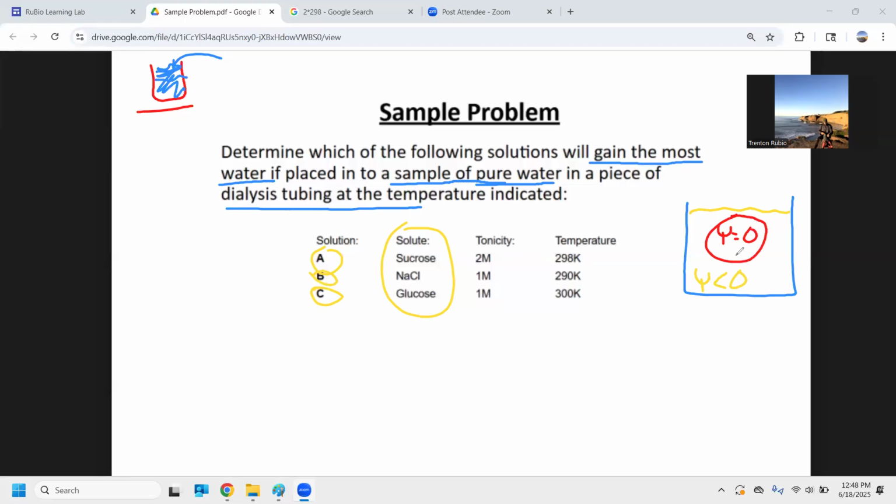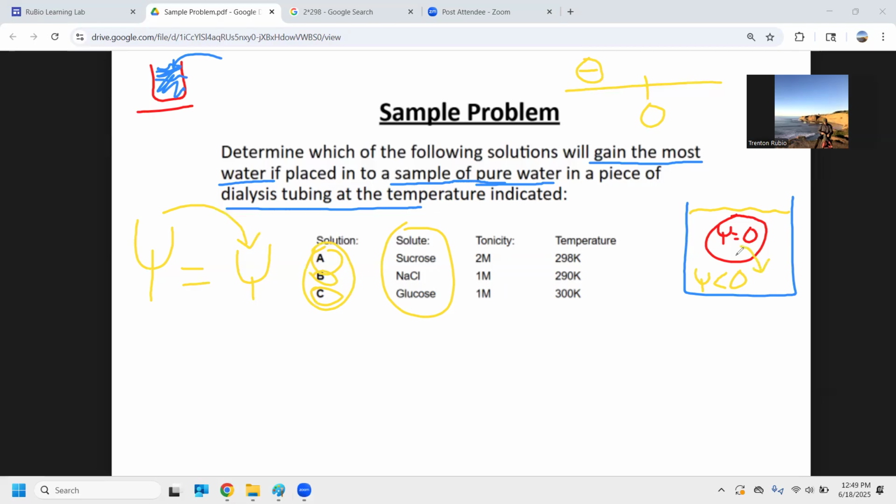Water will move from an area of higher water potential to an area of lower water potential. Remember using our number line analogy that 0 is greater than anything less than 0. Any of these solutions are going to have a negative value. Therefore, regardless, the water is going to leave the cell.